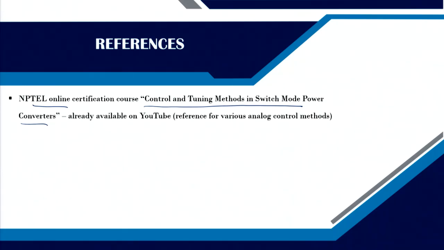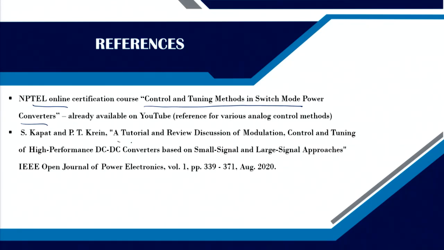Whenever we start our digital control, we will refer to some basic analog control as a starting point, and we will take it for granted that those basics are more or less known, but we will provide you the reference link so that one can go through some of the lectures of that course for detail. There is also one tutorial paper where one can get a summary of different modulation and control techniques, but this is for analog control.